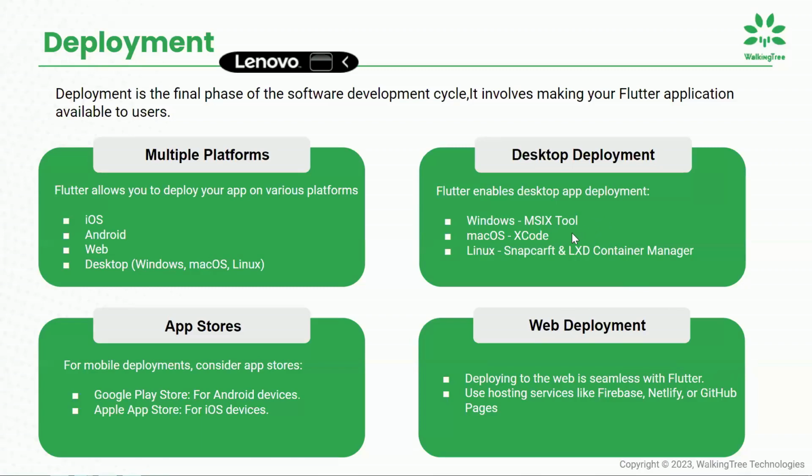And Xcode is the same as for iOS mobile, as well as for Mac OS machines. All you need is the respective certificates, the Apple developer account with respective certificates. And for Linux, there are tools like Snapcraft and the LXD container manager. These are the different tools that should be used to package the application.